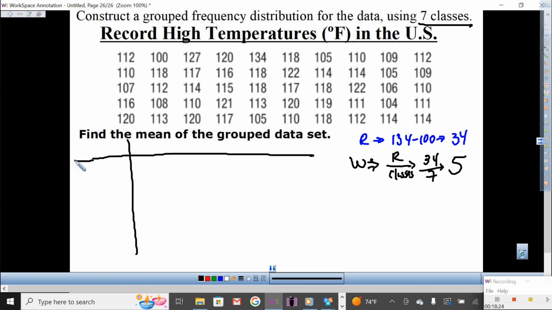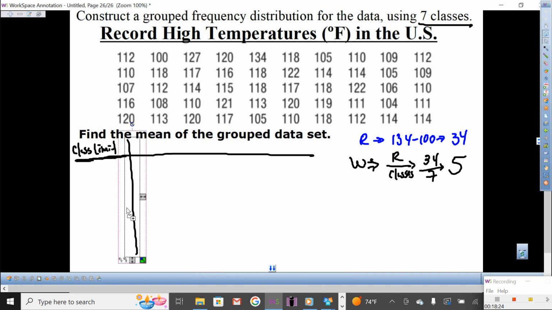Tell your neighbor what to label the first column. Let's see if they remember. Yes, class limit. Bam! Let's go. Class limit. So, our lowest was 100, is that correct?